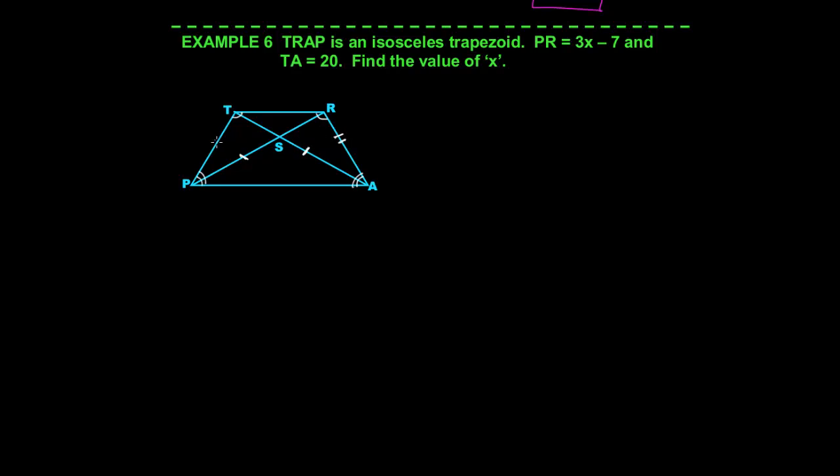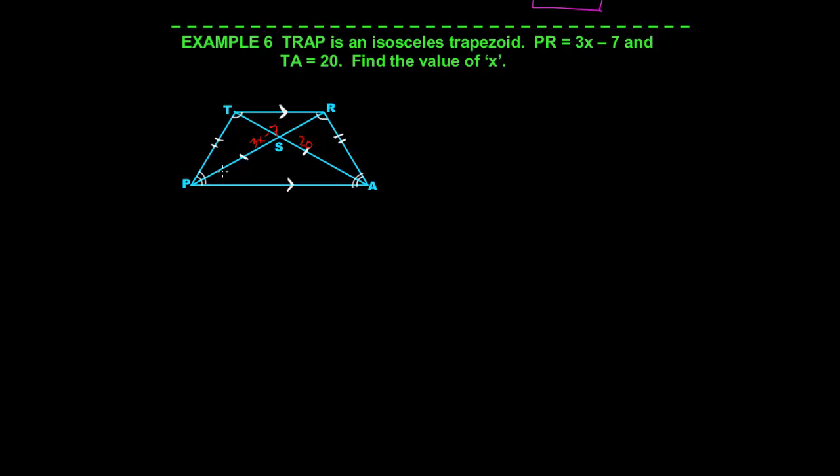These two sides are congruent. Now this is a little bit extra, but this will just help us see everything that we're looking at. PR, so this entire length here, is 3x minus 7. And TA, so this one, is 20.